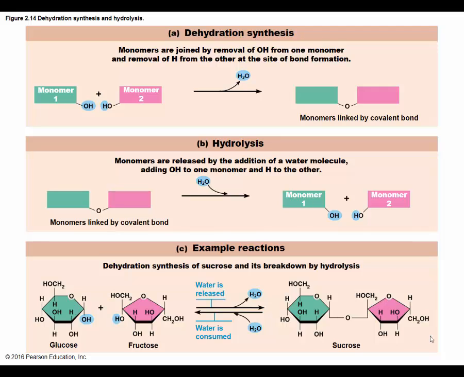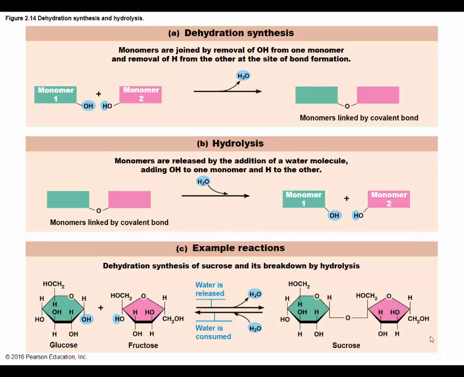So to make a polymer, any organic compound, on the left there, we have two monomers. Those could be two amino acids. They could be two monosaccharides. Any small repeating unit that makes up an organic compound we call a monomer. So if I'm going to combine those two together, the process causes a removal of water. And where does that water get removed from?